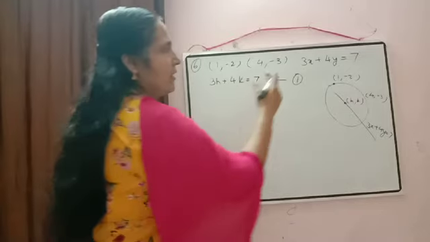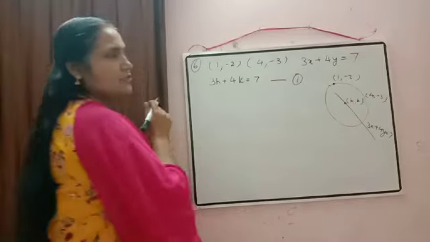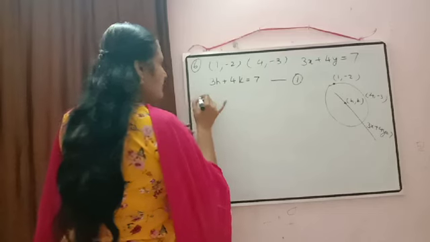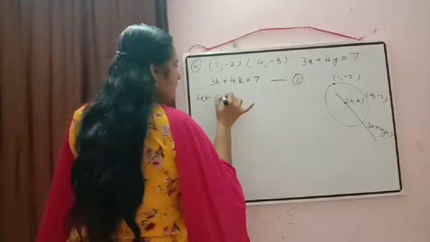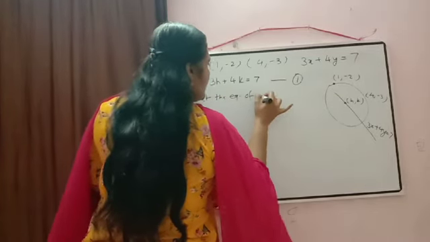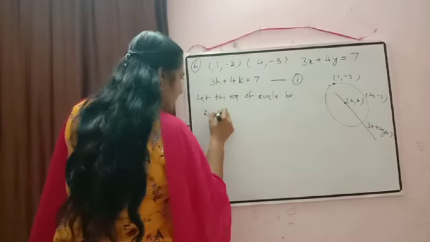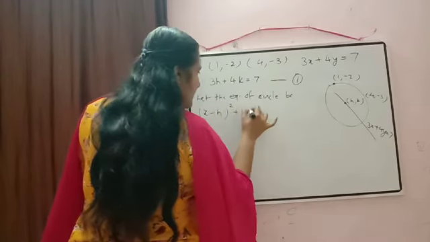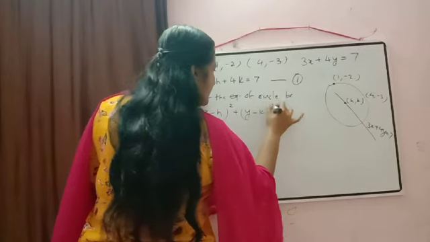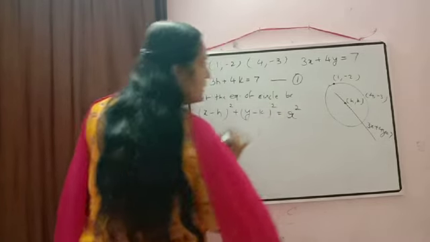Now the circle passes through these 2 points that are given. So first, let the equation of the circle be (x minus h) the whole square plus (y minus k) the whole square is equal to r square.